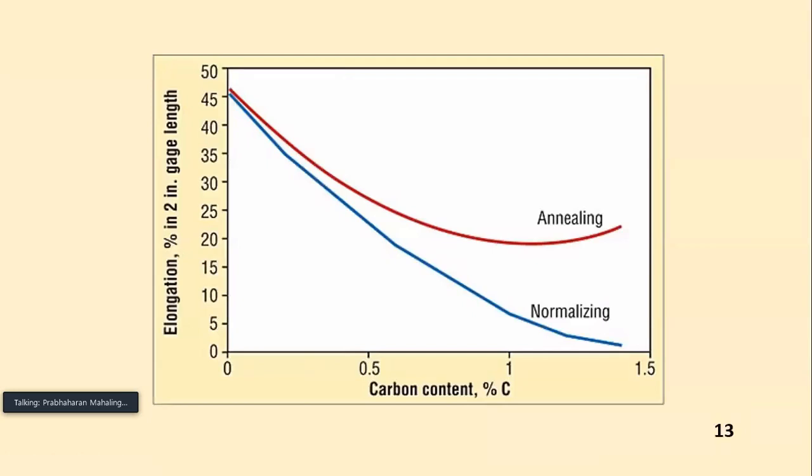Annealing and normalizing. Normally we have 0.5% carbon steel, 1% level and 1.5% level. So 1.5% is the maximum level for normalizing and annealing. This is actually soft metal, so it can be utilized for working. And then we have 4% carbon, that is cast iron, very rough.